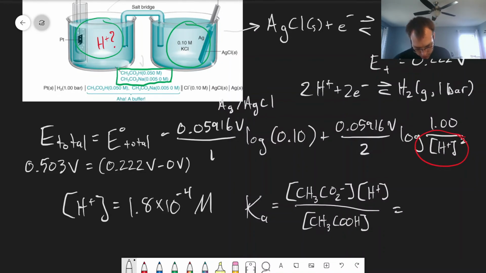Skipping some steps, but we get that this is 1.8 times 10 to the minus 5.